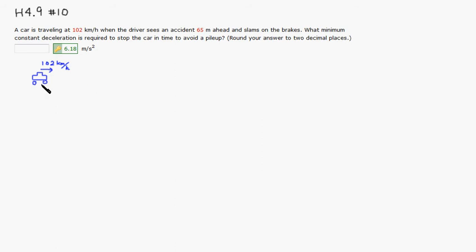Then we would like to stop within 65 meters. So we want to come to a stop within 65 meters. Right, so that's 65 meters.